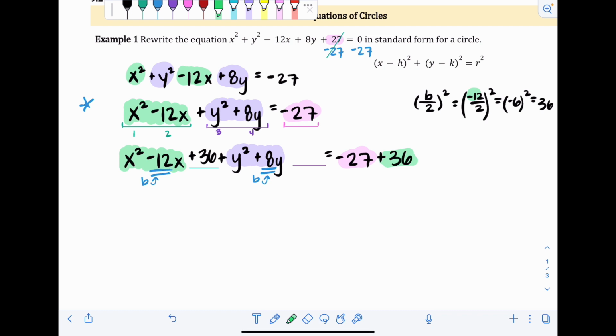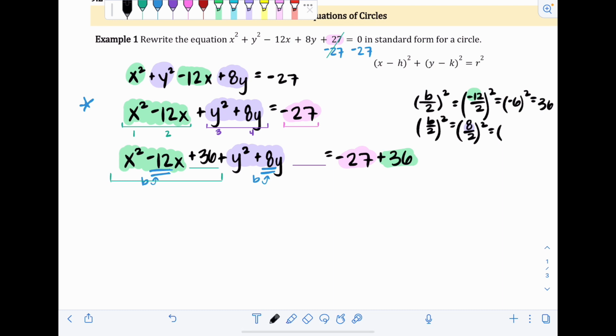So what I just did is I created a perfect square trinomial for just the x's, and I will be able to factor it, but I'm going to go ahead and repeat that same process for just the y's now. So now, since I'm dealing with my y's, my b is going to be 8. So it'll be b over 2 squared equals 8 over 2 squared, since 8 was the coefficient of just y.